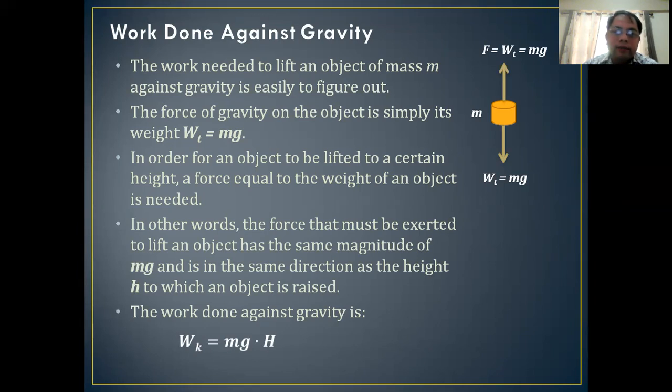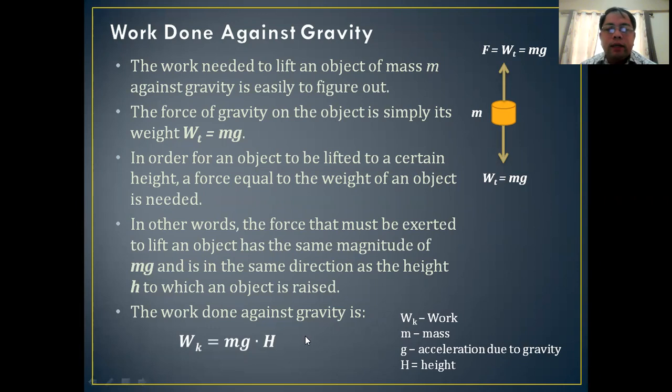So weight times height is equal to work, work that is done vertically. That's the work you do on this yellow object if you move it upwards. That equals mg, which is weight, times height. The unit will still be joule.